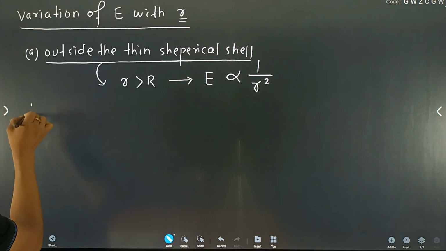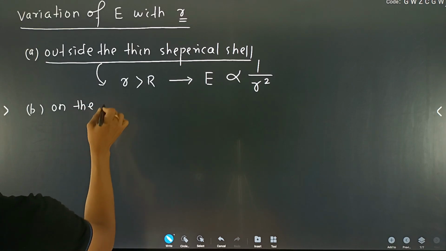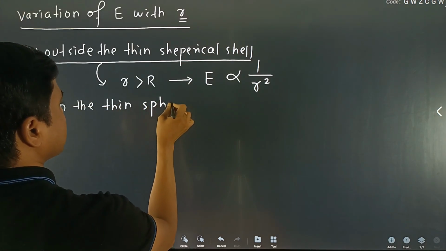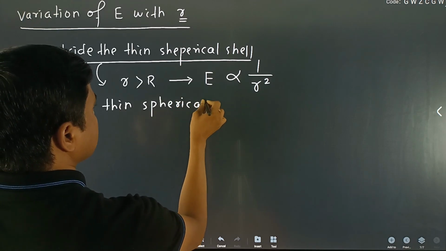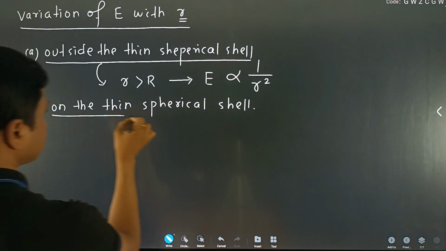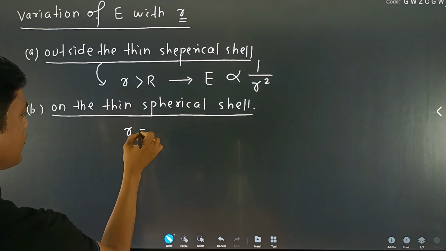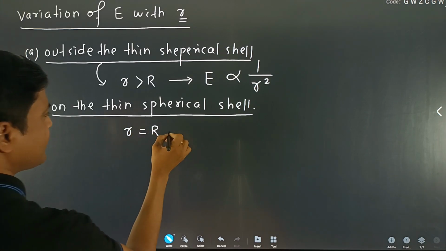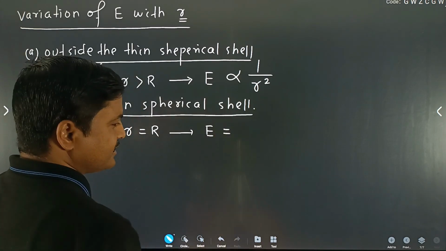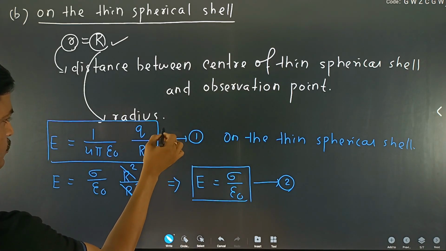And in the second case, on the thin spherical shell, means small r is equal to capital R. In this case, the value of electric field is 1 by 4 pi epsilon 0 Q divided by R square.